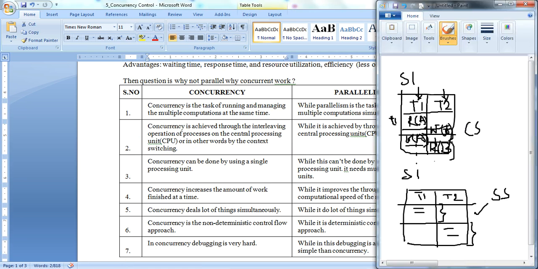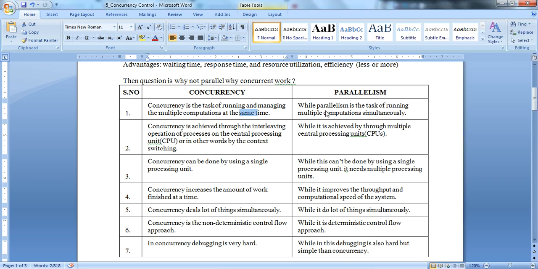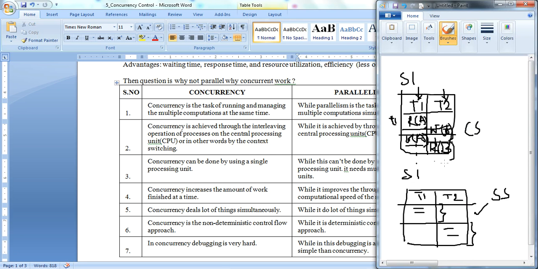For example, it executes and manages multiple computations like read and write with multiple tasks T1 and T2, while parallelism is the task of running multiple computations simultaneously. That is the difference between concurrency and parallelism.